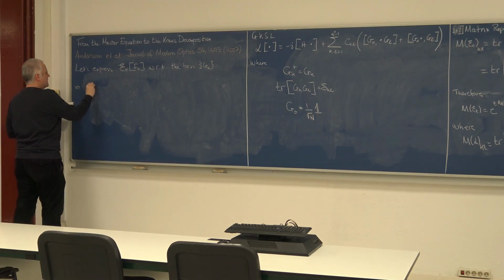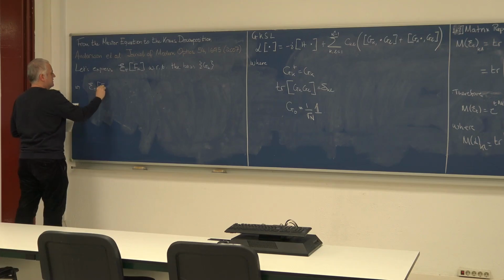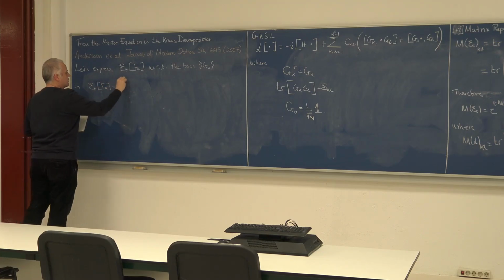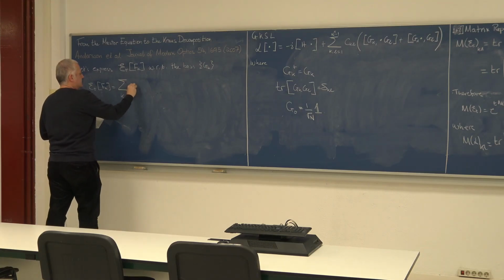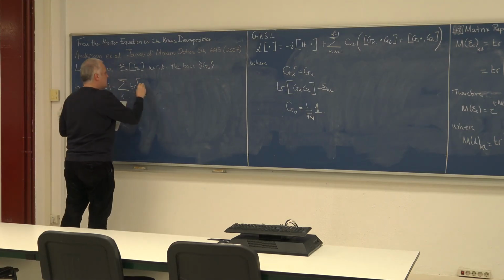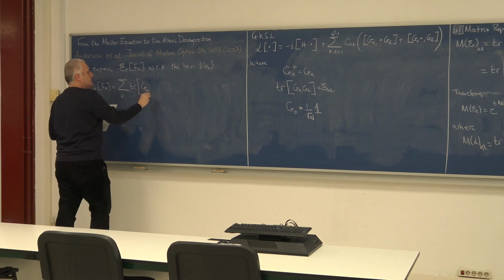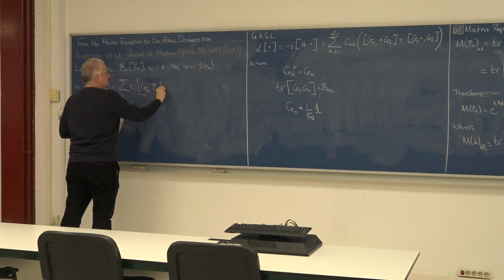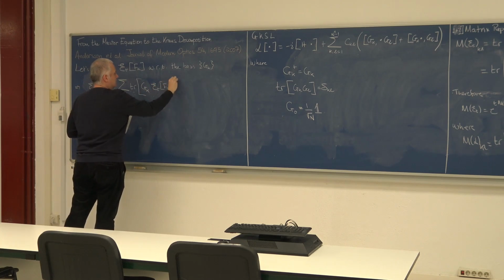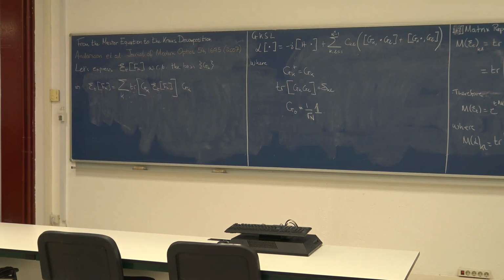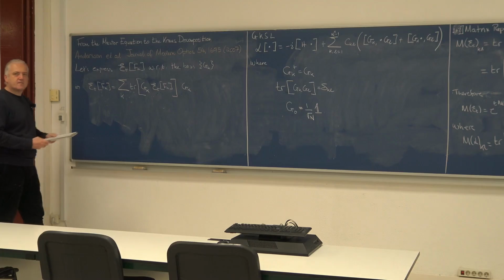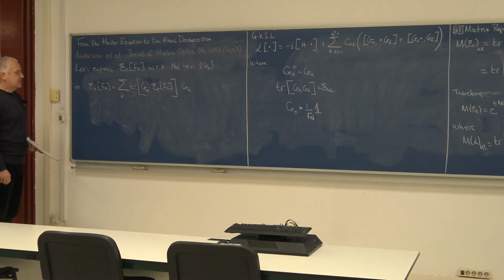All this says is that this thing here is equal to the sum over k, the trace. Remember, these operators are Hermitian, so I do not have to put the dagger here. Agreed? Right? That's the first step.